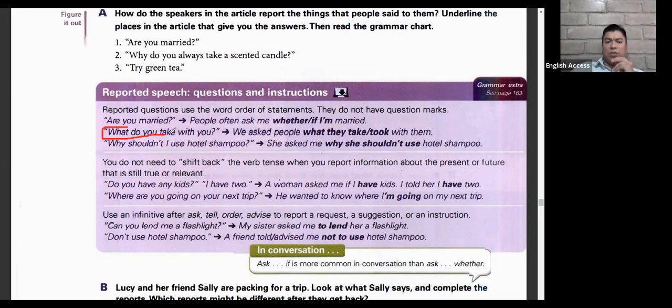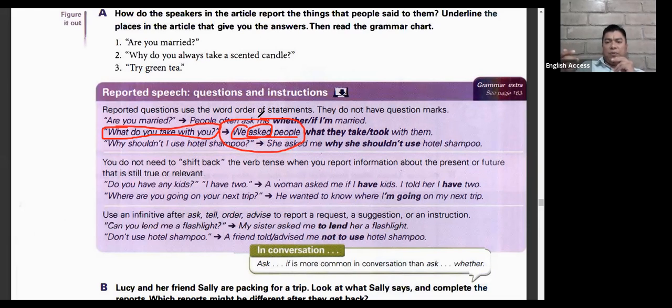Another example, a question is, what do you take with you? That is in simple present, which means it's a routine. And look here, we asked people, we asked because this event happened in the past. I asked yesterday, I asked last week, I asked last month.